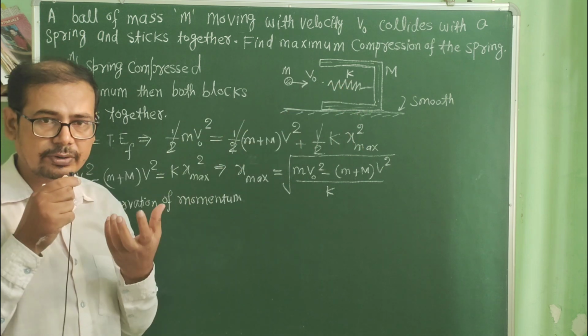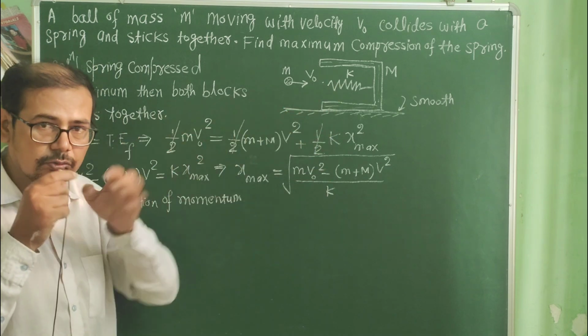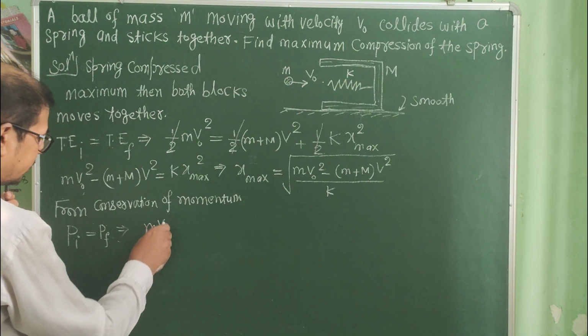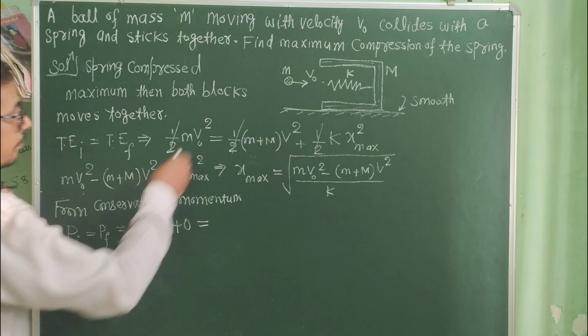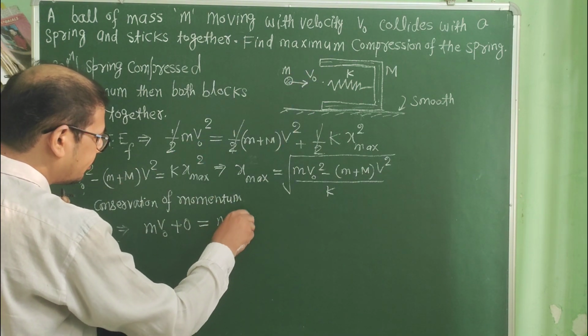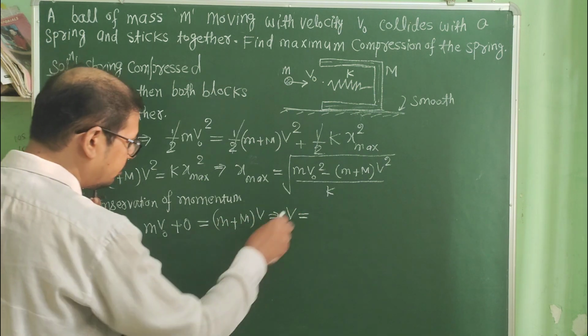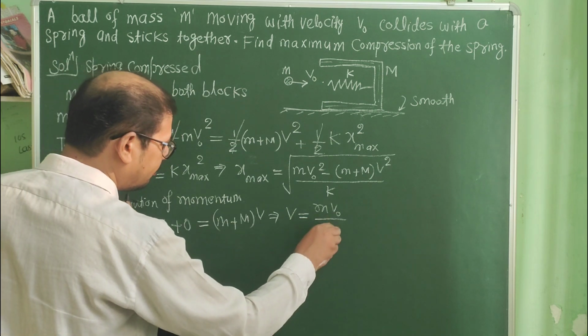The spring has only potential energy because the mass of the spring is negligible, so the momentum of the spring is also negligible, correct? Initially only m moves, so m v naught is the momentum, and capital M is at rest, so 0. Finally, both move, small m plus capital M, with velocity v. This is the v: v equals m v naught divided by capital M plus small m.